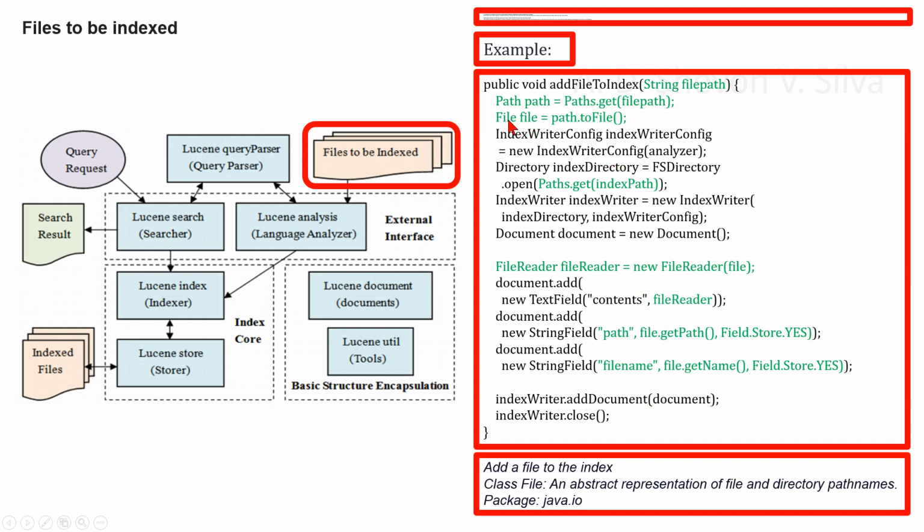Class File, an abstract representation of file and directory path names. This is in package java.io. Once we created the index directory, let's go ahead and add a file to the index. Here we create a document with two string fields named path and file name, and a text field called contents.